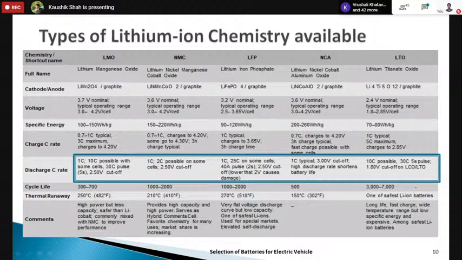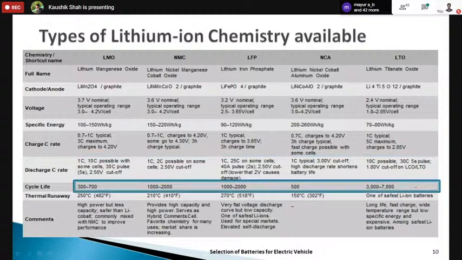When the discharge C rate is higher, you would be able to use it pretty well as power. So these are power cells and energy cells. Some power cells would be able to give that high demand, it will satisfy, right? Again, the manufacturer provides this, and it needs to be looked at. Cycle life plays a vital role. I think 3000.